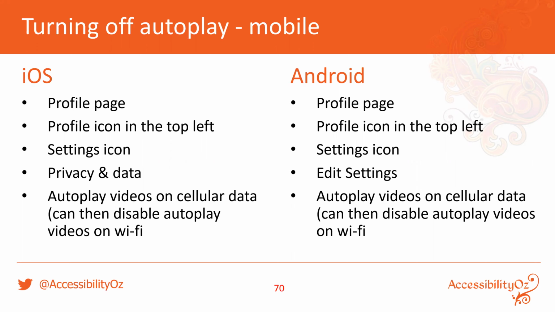On Android, it's slightly different. You go to the profile page, you select the profile icon in the top left, you select the settings icon, then you select edit settings, then you can also unselect autoplay videos on cellular data, and then the autoplay videos on Wi-Fi will pop up and you can change that too.